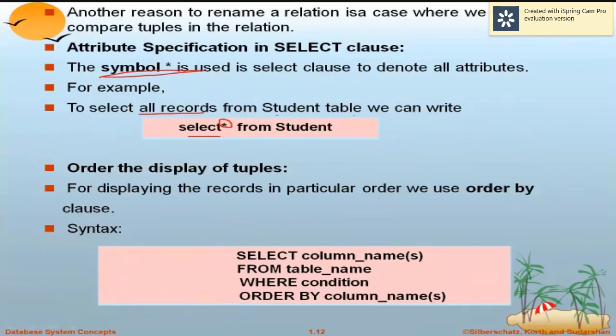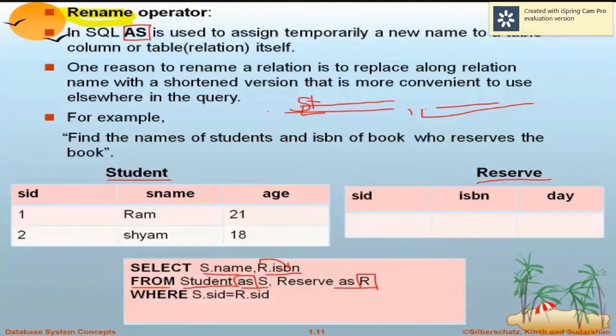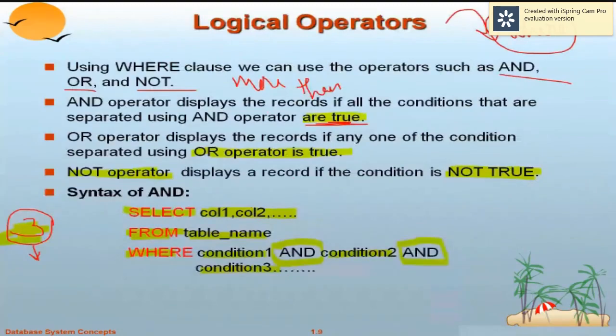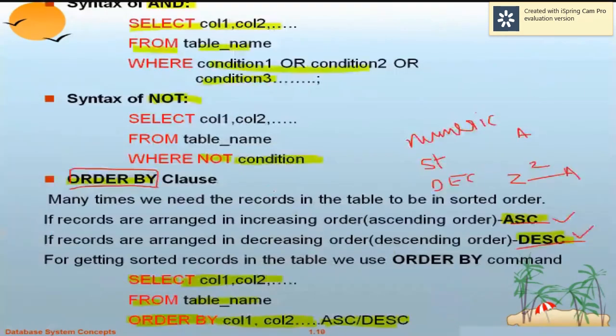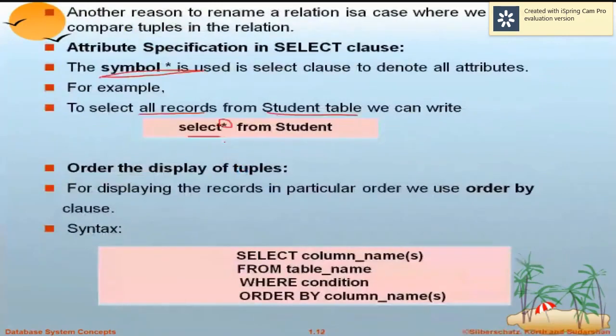In the previous case, we were just mentioning the names of the columns which I want to be selected. But here, when I mention star, that means all the columns will be selected from the student table and displayed as your output.